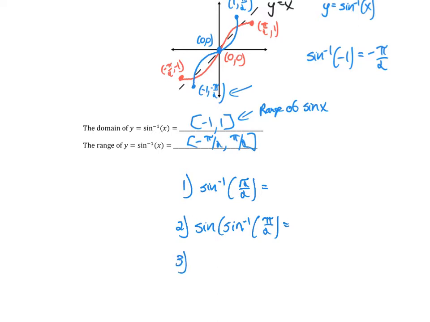And then the last one, sine of inverse sine of 3 pi over 4. Those are your 3 homework questions I just want you to answer: inverse sine of root 2 over 2; sine of inverse sine of pi over 2, that one needs an extra set of parentheses; and sine of inverse sine of 3 pi over 4. Try to answer those 3 questions, and we'll see how you guys did on all of them.